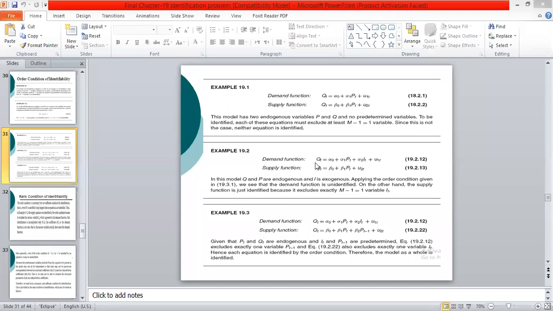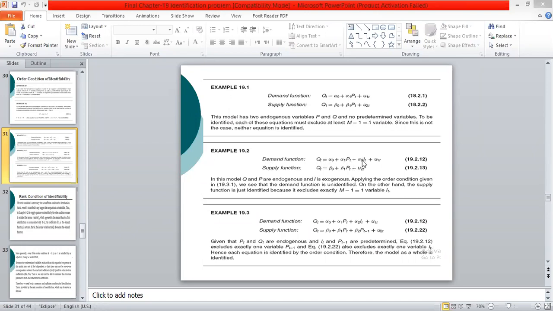So there are two endogenous variables in the given equation, quantity and price. Small k, or lowercase k, is the number of predetermined variables in the equation. Looking at the equation only, there is only one predetermined variable, that is I.